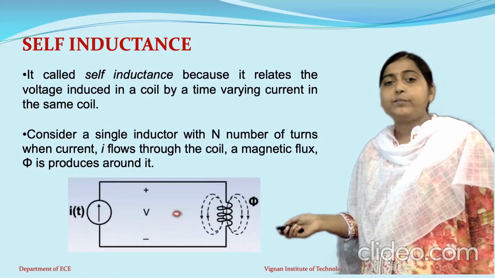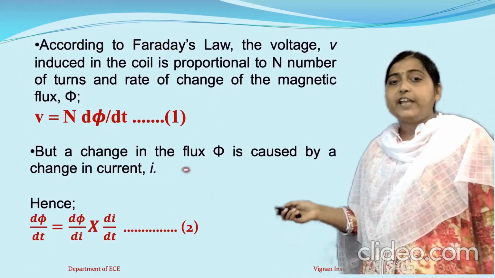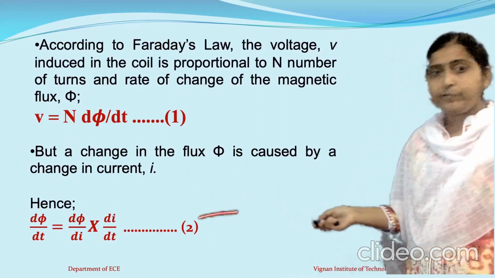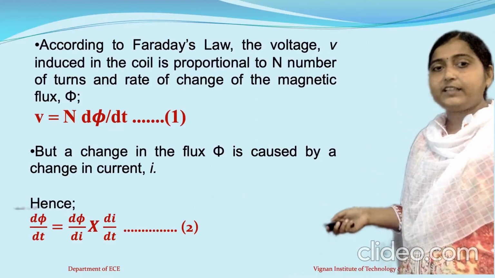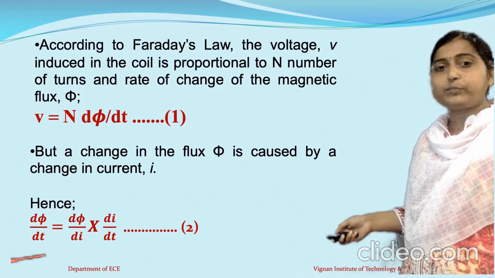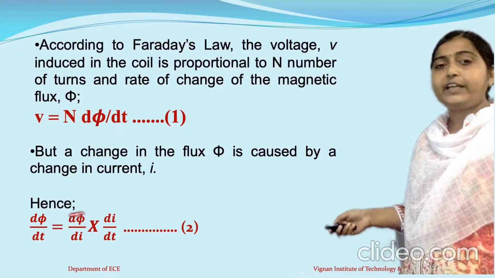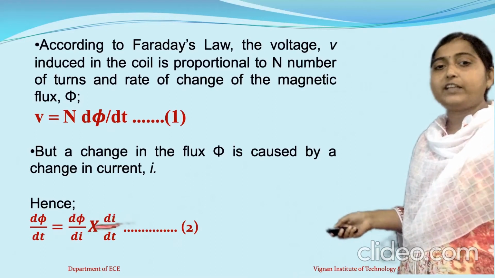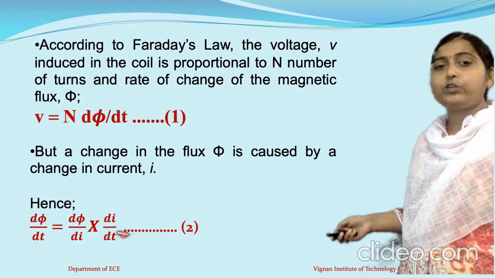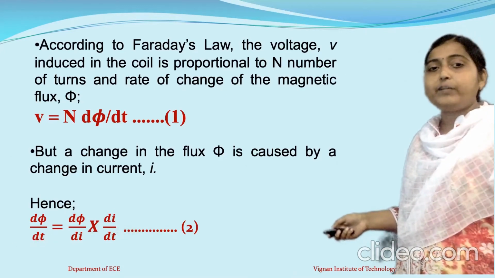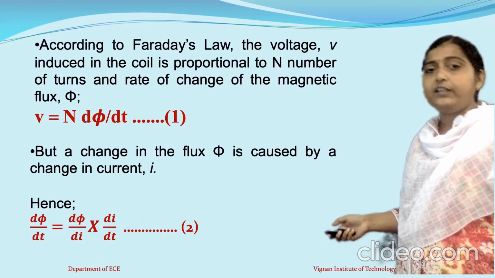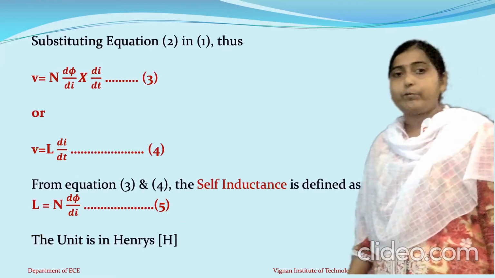Hence, d phi by dt, that is rate of change of flux with respect to time, is given by rate of change of flux with respect to I multiplied with rate of change of current with respect to t. That means d phi by dt can now be written as d phi by di into di by dt. Right? So this we call equation number 2.